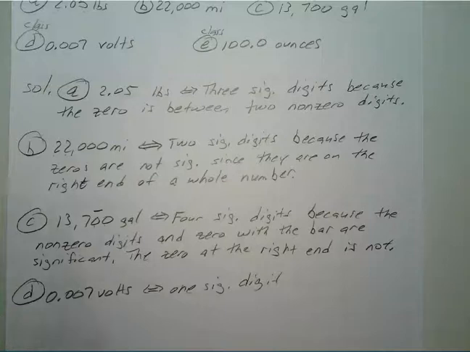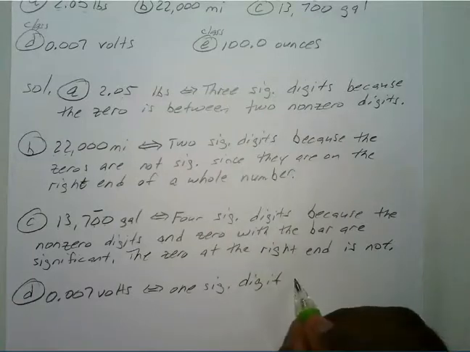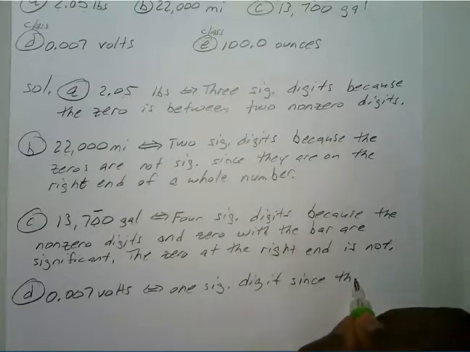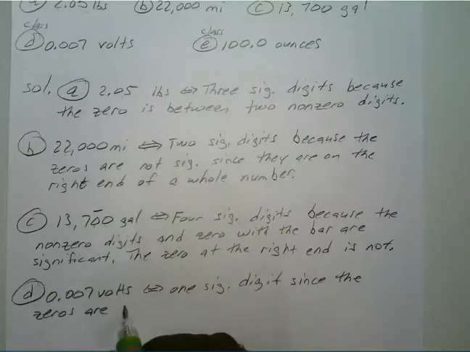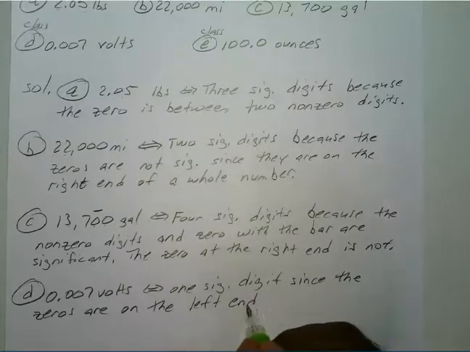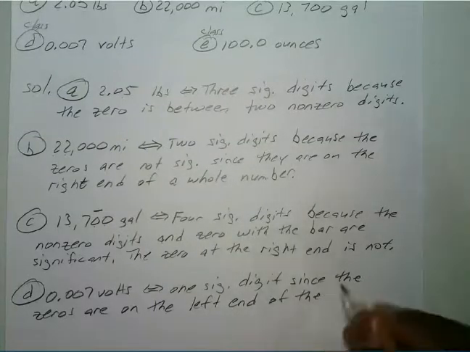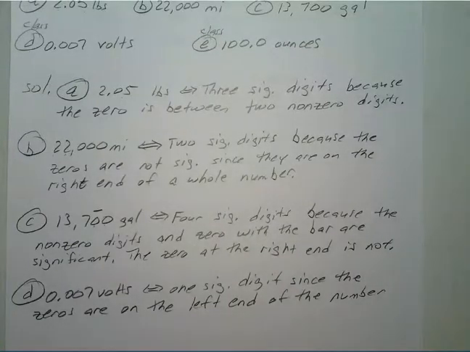Because you have these zeros, which are all on the left end of the number. So they are not significant.